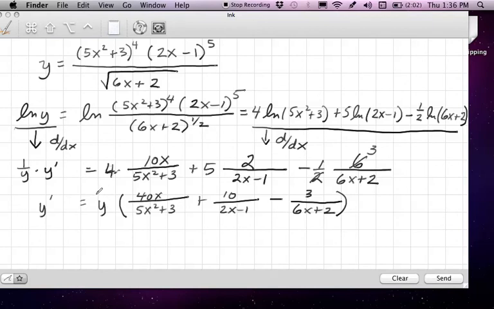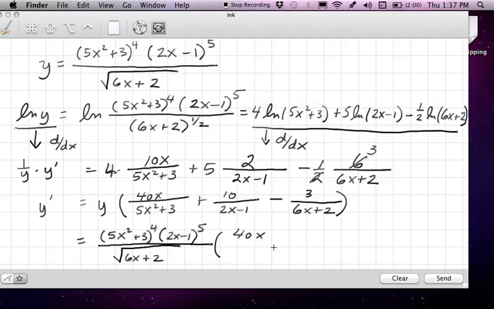And then the last step is just to replace y with what it's equal to, which is this mess right here. So you'll have (5x squared plus 3) to the 4th, (2x minus 1) to the 5th, over the square root of 6x plus 2, times this whole mess: 40x over 5x squared plus 3, plus 10 over 2x minus 1, minus 3 over 6x plus 2.